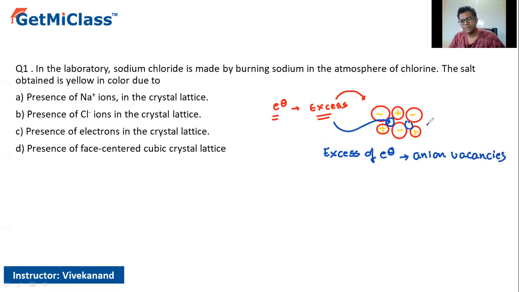These particular spaces, we call them F sites. Now, due to the presence of electrons in the crystal lattice, the color obtained is yellow because of those transitions of electrons. Thus, our answer is C.